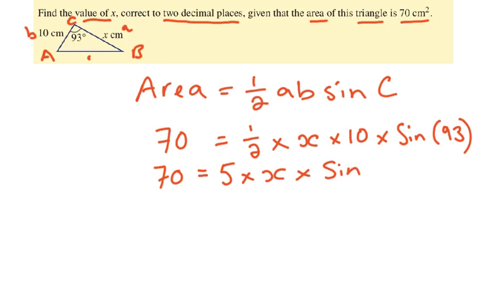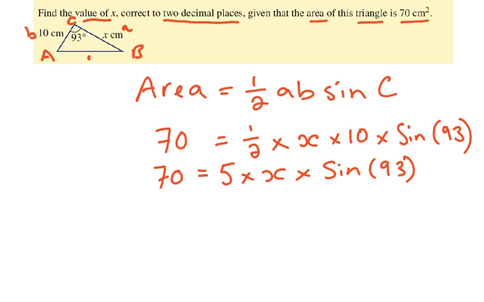Now I have left sine 93 as is because I want to make this as accurate as possible, and I do not want to calculate that yet because I will end up with a decimal answer and potentially rounding it. It does depend on what calculator you're using, and sometimes with the higher level calculators, you can do the calculation and you will still get it quite accurate.